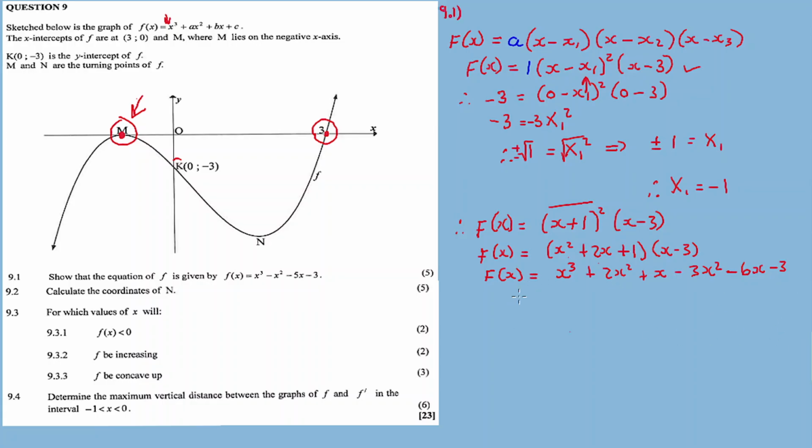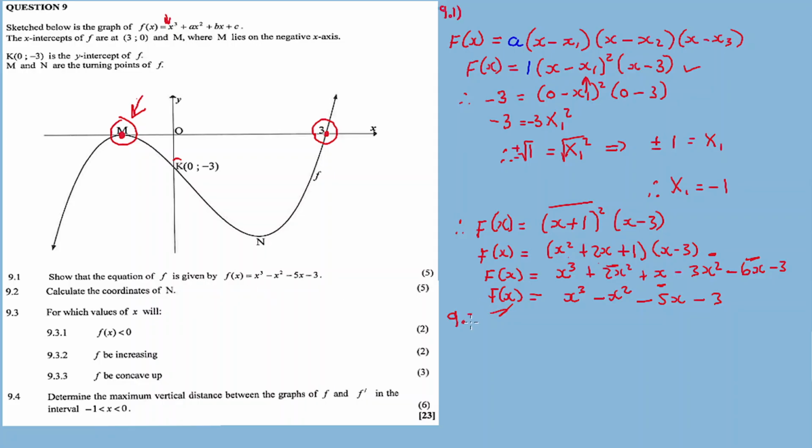Therefore f of x is equal to x cubed agana like term, but the plus 2x squared has a like term minus 3x squared. So lana give about minus x squared as the answer between the two like terms. This one and this one are like terms. Give about minus 5x as the answer, minus 3 are gonna like terms. So ngimbala chungobanchalo. So f of x is in fact equal to that.